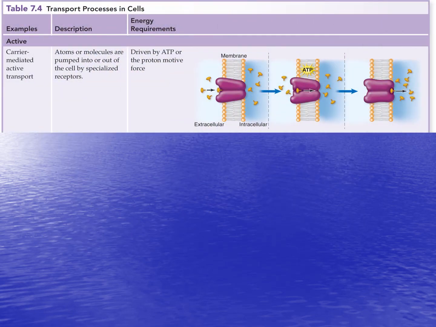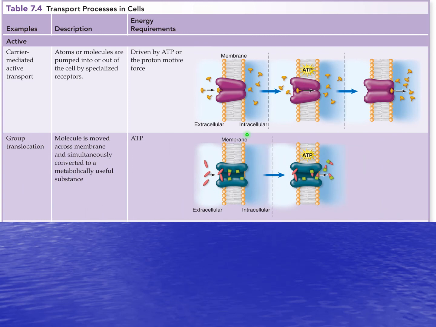So active transport is going to be using energy and a carrier molecule, transporting something from an area of low concentration to high concentration. Group translocation, we're going to move a particle through, but as we do so, we're going to chemically change it using ATP.